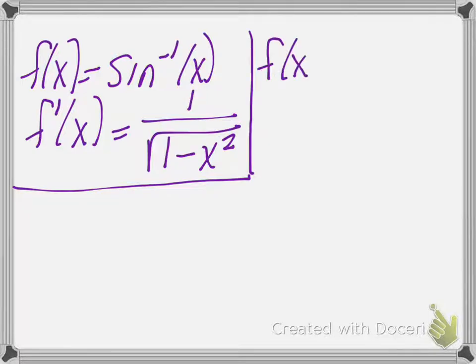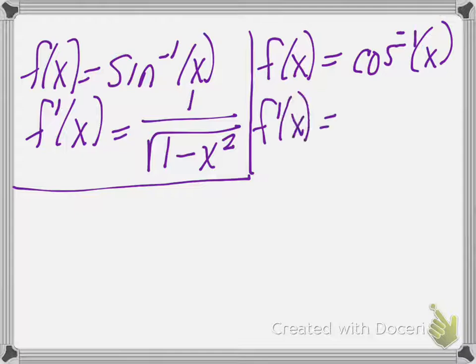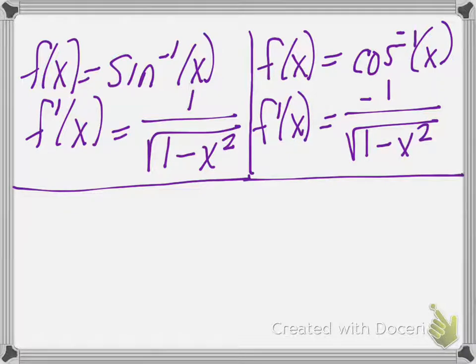Okay, if f of x equals cosine inverse x, then f prime of x is going to equal negative 1 over radical 1 minus x squared. So you can see the only difference between the two is that the one that goes with the cosine is negative.